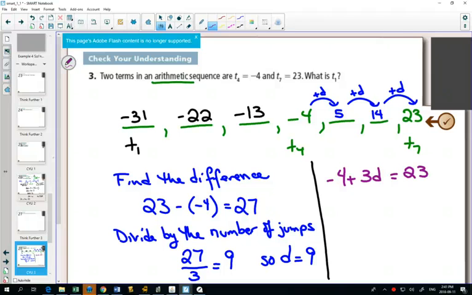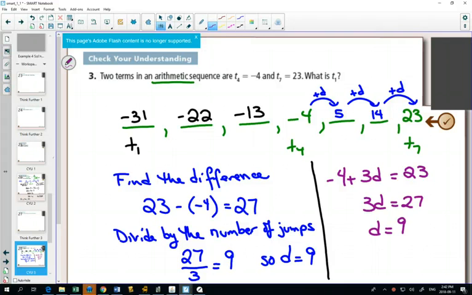Does that equation make sense? Now that we have this equation, we could solve for d. Notice when I add 4 to both sides, that gets my 27, just like we figured out. The 27 wasn't the common difference. And when I divide to solve for d, I get 9, the same way that we got 9 the other way.